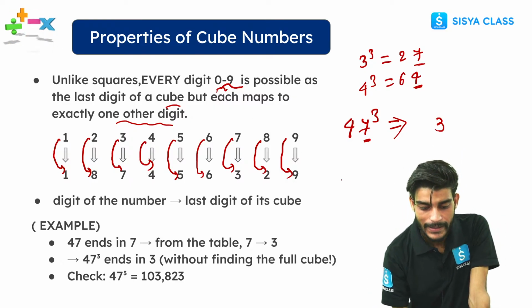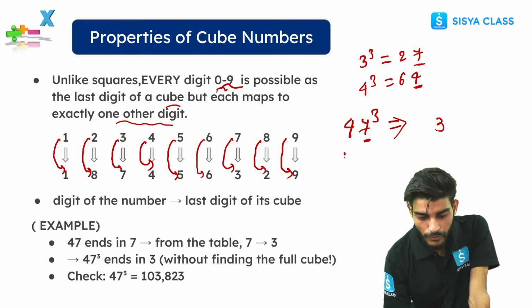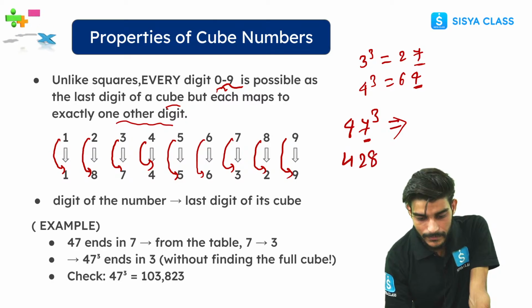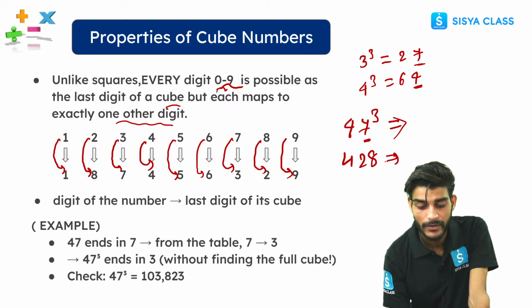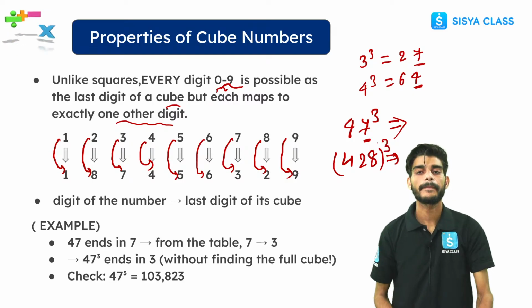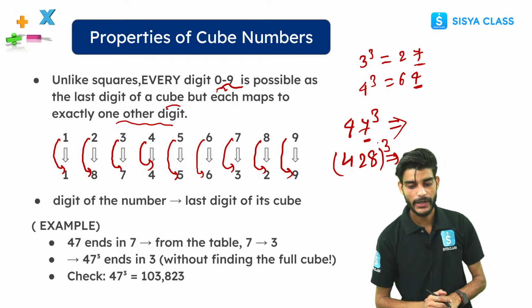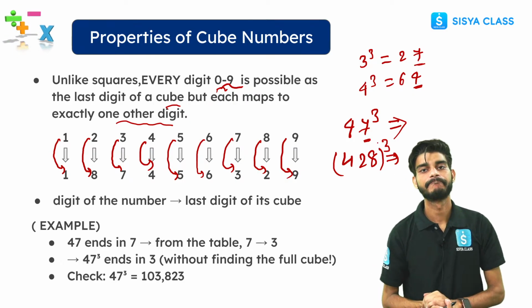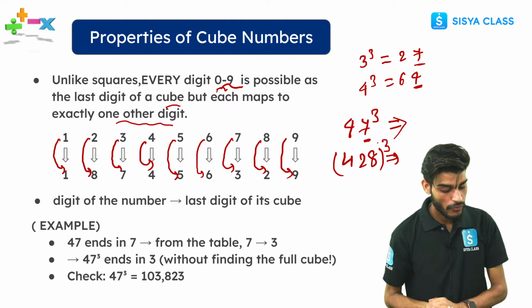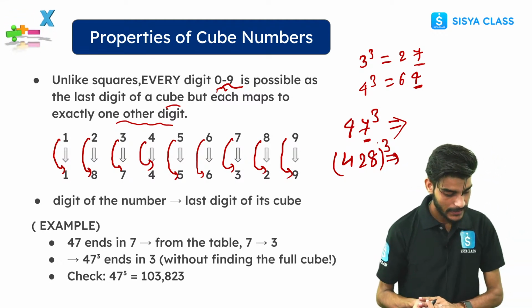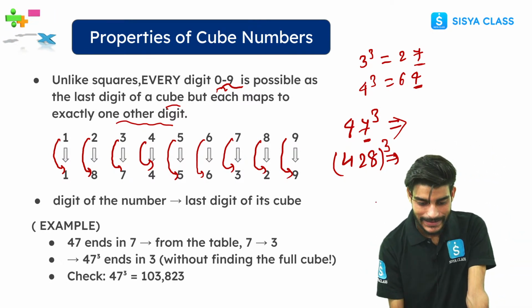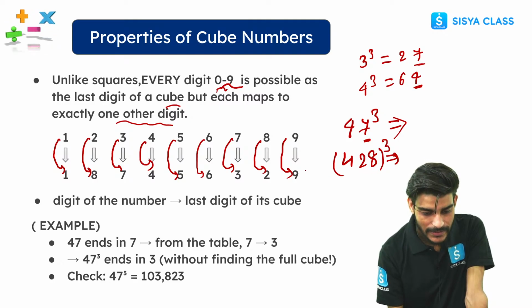You can tell, like if I write here 428. If you have to find the cube of 428, what will be the units digit? Can you guess? This is a big number, but the units digit you can guess. How?